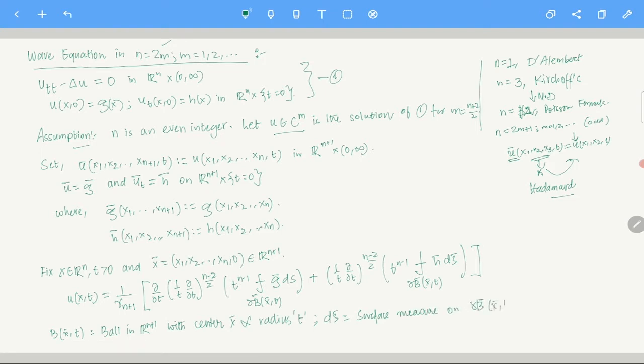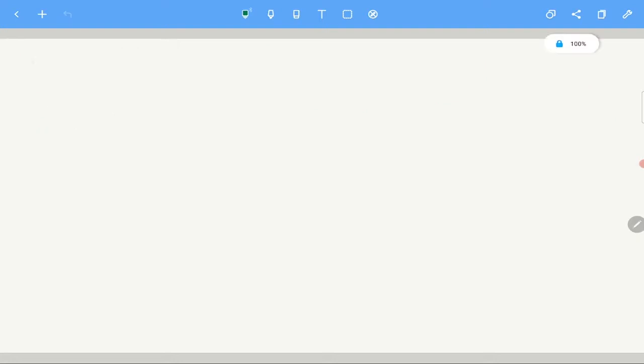Clear? Now see here, I want to calculate some particular terms here. This is exactly what we did in the n equals 2 case, so I am not going to explain every single detail here. That is always understood from the other part. So this is just in higher dimension, the integral over del B bar (x bar, t) of g bar ds bar. This particular quantity I want to calculate.